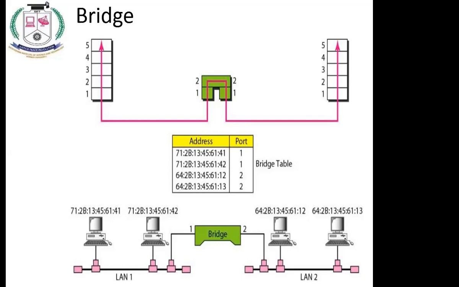If the destination belongs to the same port, it will not send the frame to the other port. Whereas if the destination address is available in the other port, it will send the frame through the bridge to the other port. In this way, it avoids congestion, it is capable of identifying the destination, and the collision problem is avoided here.